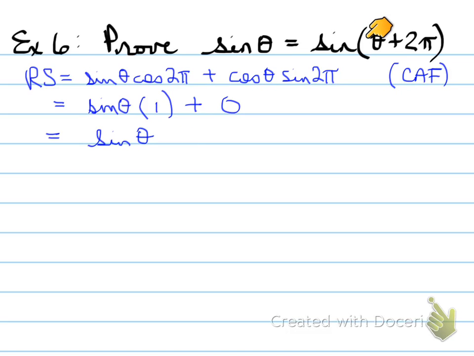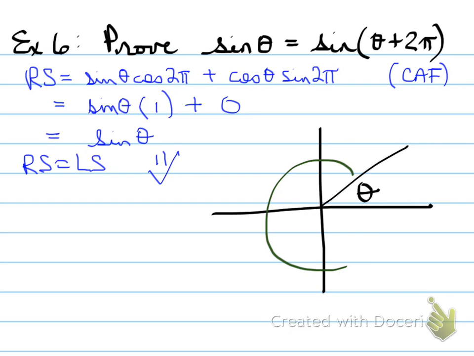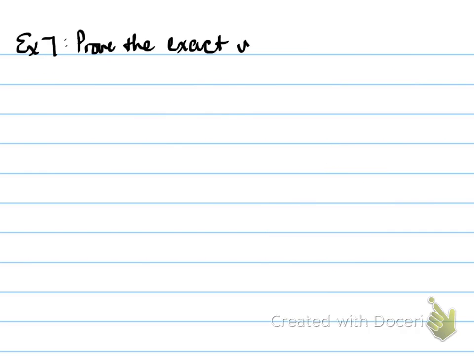So what I told you in the previous unit about being able to get this, now we can actually prove it using the CAF rule. Again, if I'm giving you theta and I add 2 pi, I'll get back to the same arm that I originally had because we're adding one whole period, so we get back to the same place that we started at.